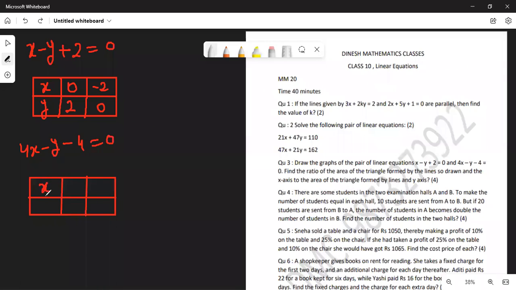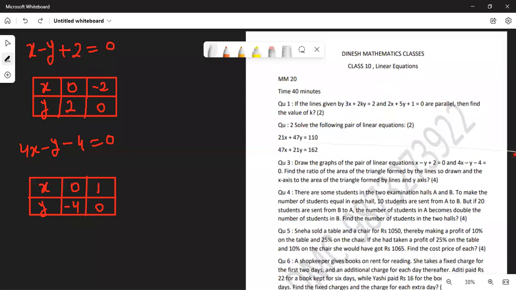If we put x is equal to 0, we get y is equal to -4. And if y is 0, then x would be 1. Yes, 4x would be 4 and x would be 1.